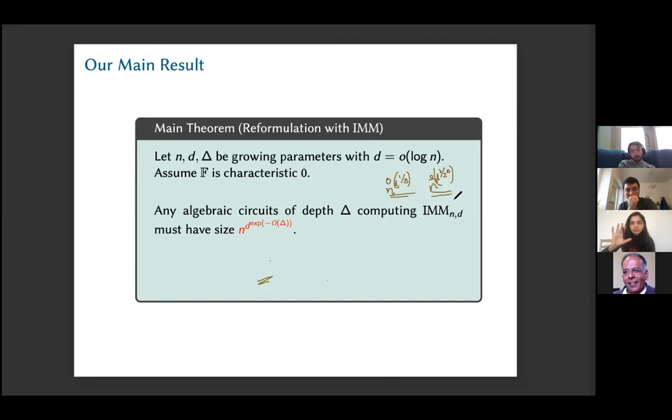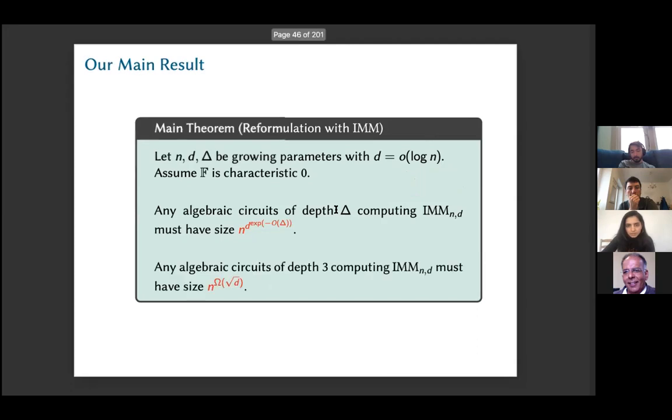Okay, so this is still a little weird, maybe. But let's look at exactly depth 3. At depth 3, we get a really strong lower bound, actually. We are able to say that whatever depth reduction gives is the best you can do.